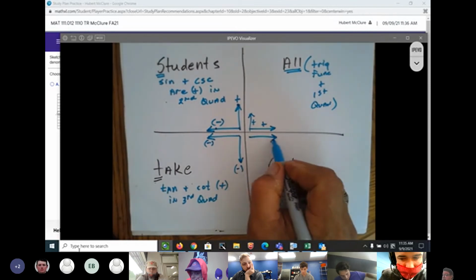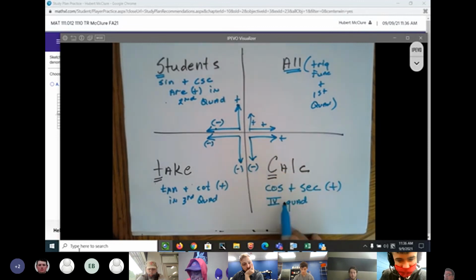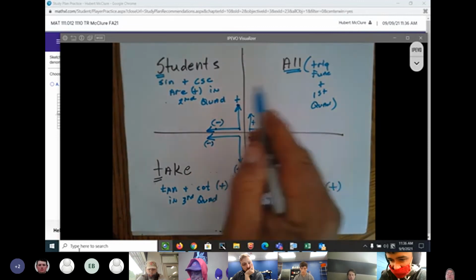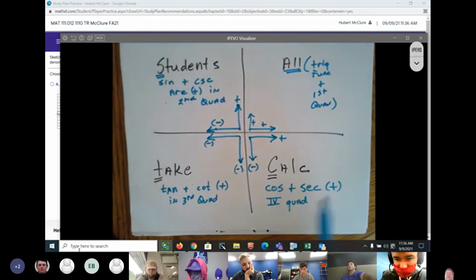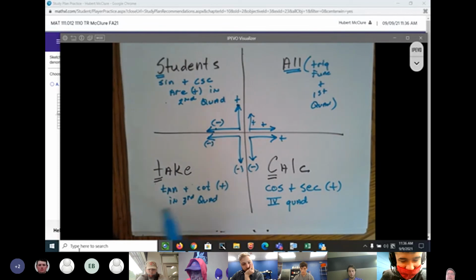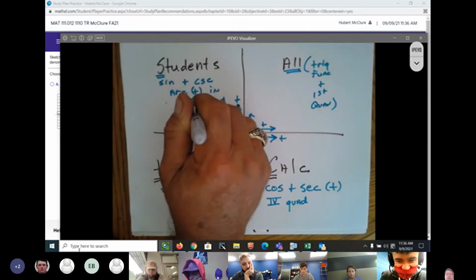And x is positive and y is negative. So that's why, if you remember all students take calculus, you won't have to worry too much about the signs. You just write down cotangent, and if the cotangent is in the second quadrant, you know it's negative.